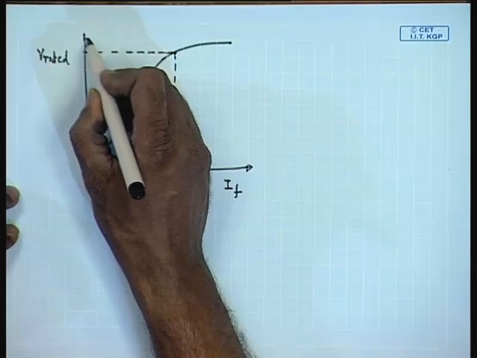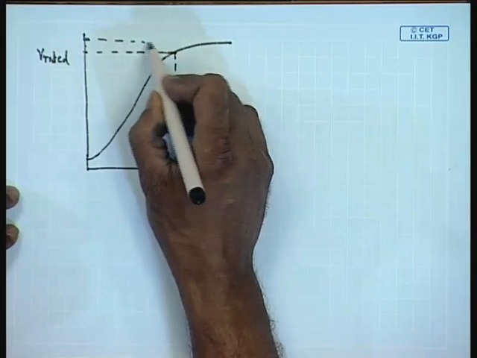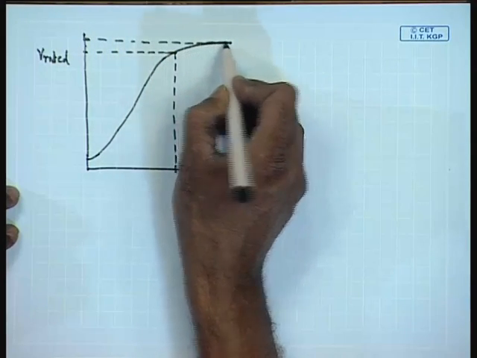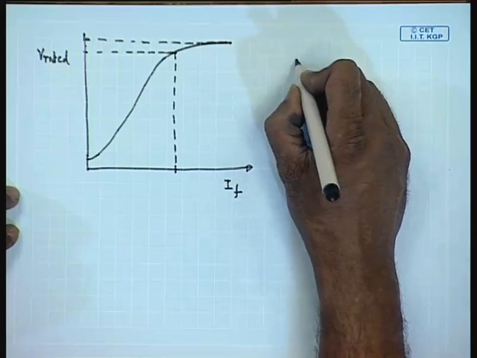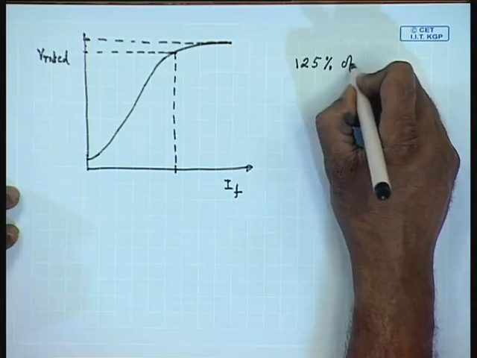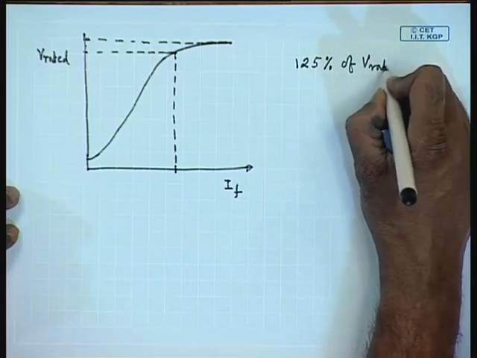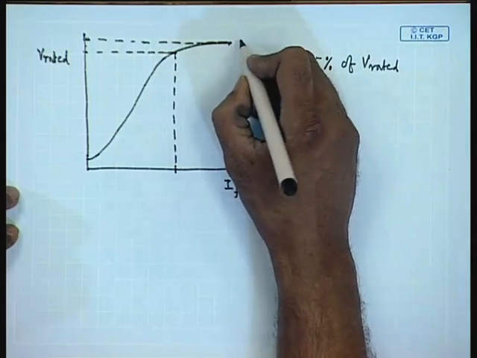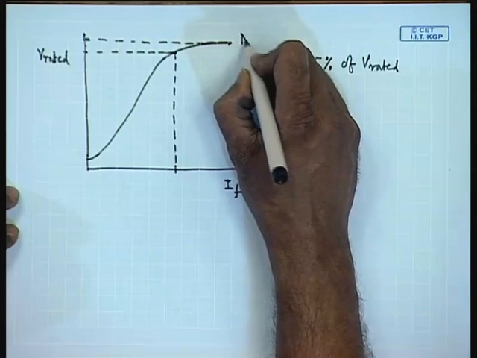Then the O.C.C. is determined up to a value which is about 125% of V rated. This O.C.C. is normally obtained at the rated speed of the generator.